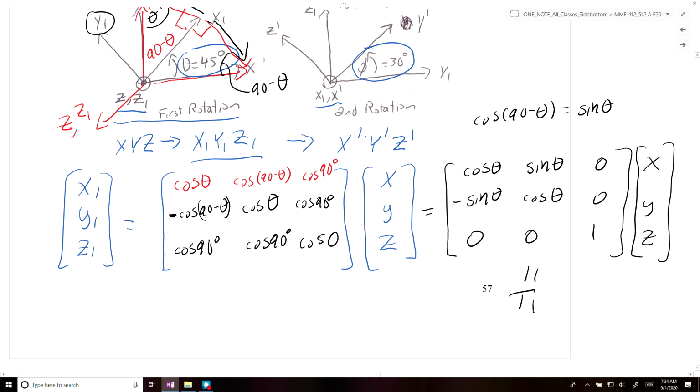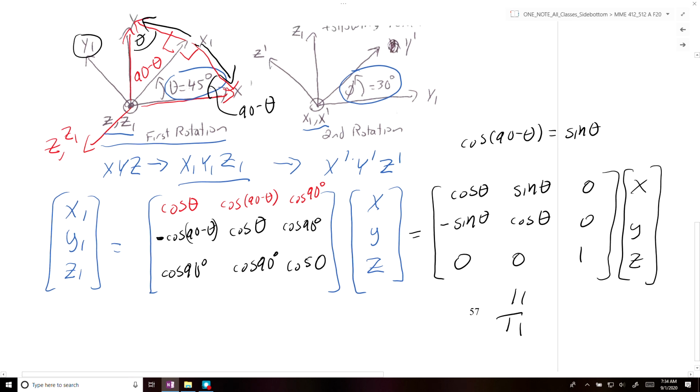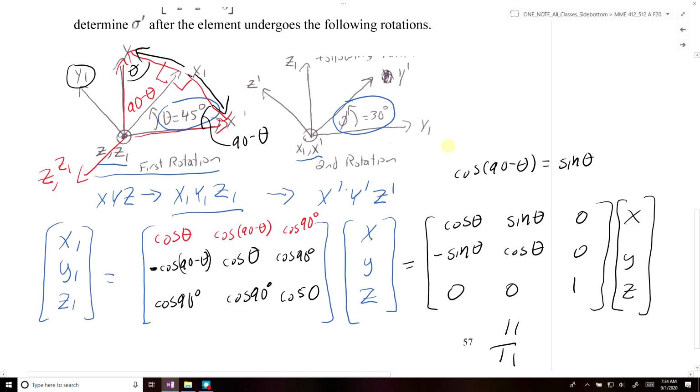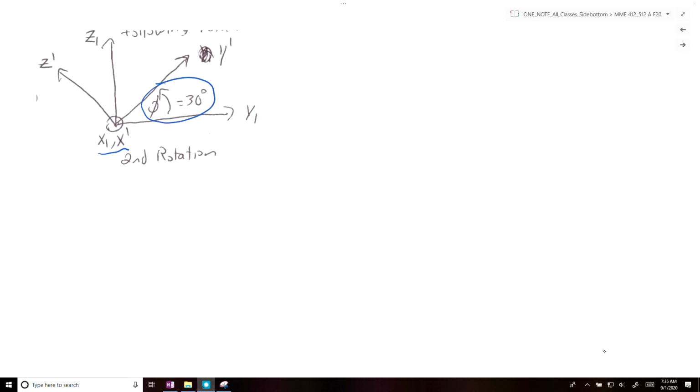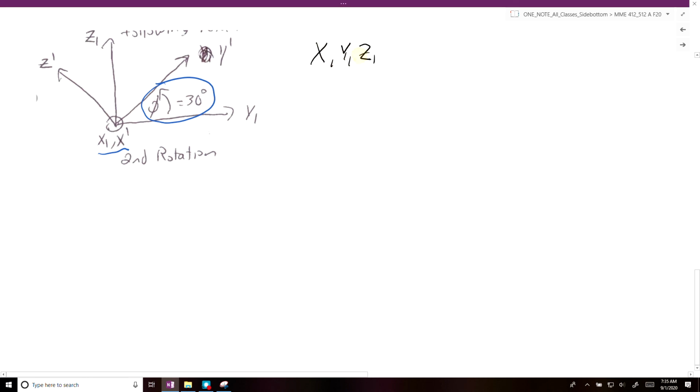Okay, so for our second rotation, we're going from the x1, y1, z1 coordinate system to the x prime, y prime, z prime coordinate system.